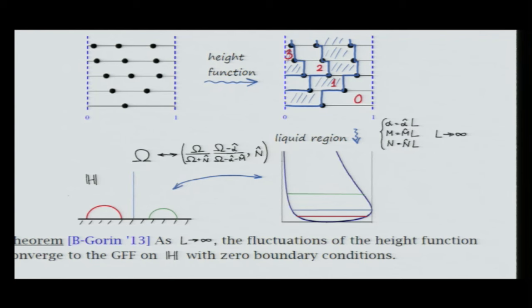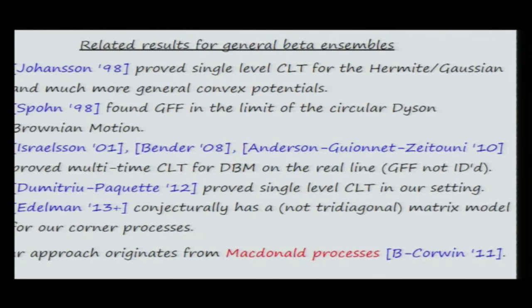Well, he worked with the Gaussian case and, more generally, with convex potentials. Herbert Spohn probably was the first to say the words Gaussian free field in relation to random matrices. What he considered was the Dyson circular ensemble with arbitrary beta and with the natural evolution on it, and seeing the Gaussian free field there.